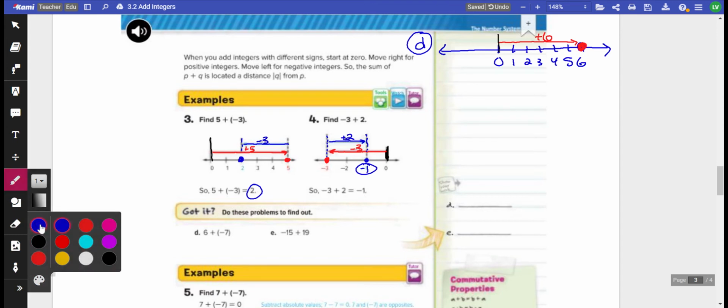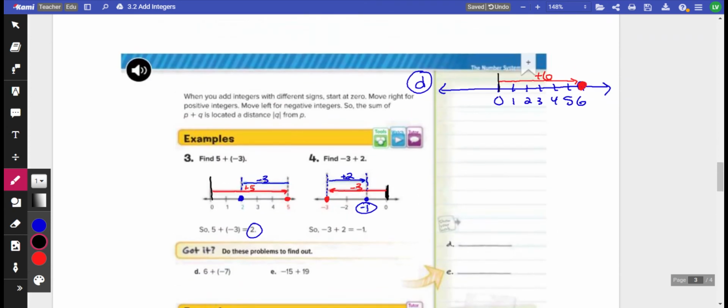Well, now I need to go to the left 7. So 1, 2, 3, 4, 5, 6. So that's the same thing as subtracting 7. So that leaves me at the answer of negative 1. So 6 plus negative 7 equals negative 1.